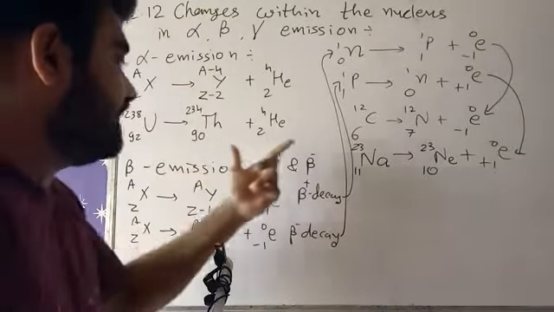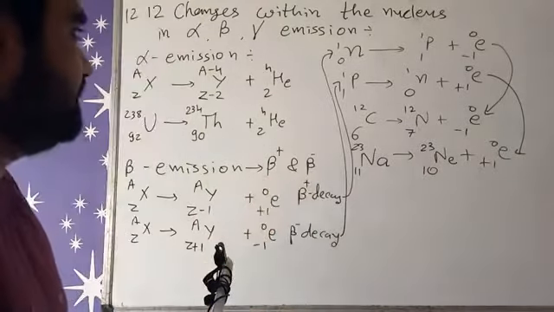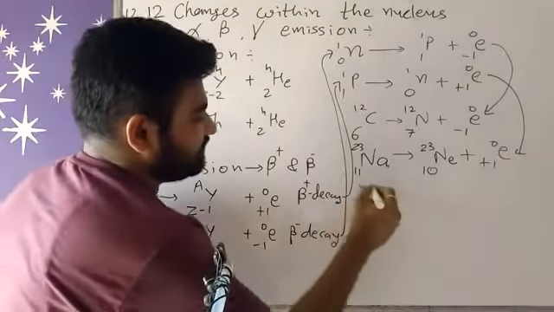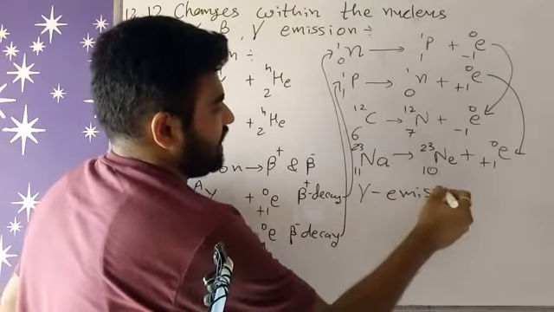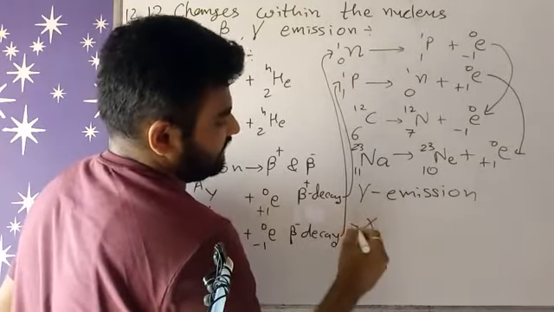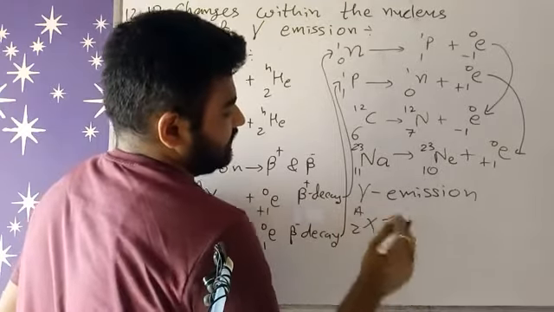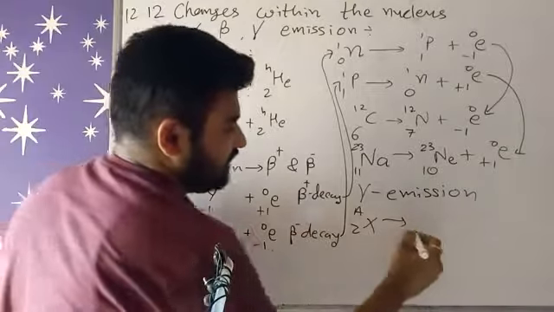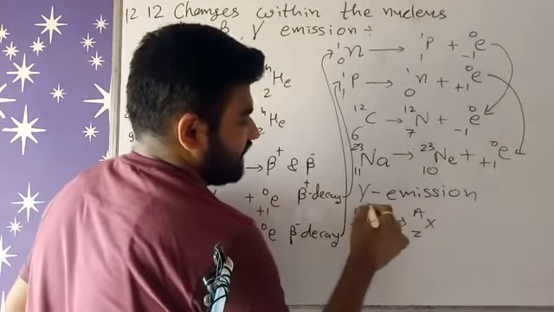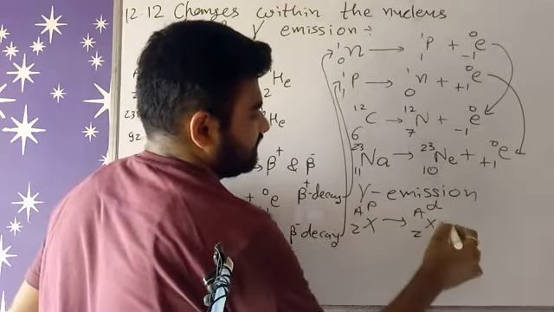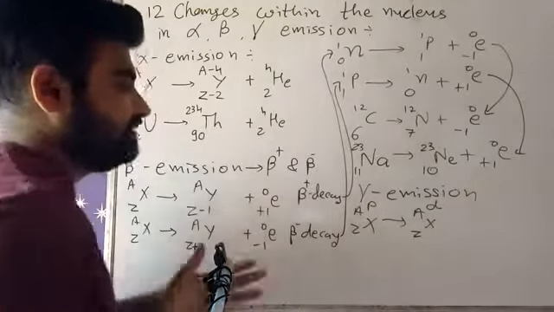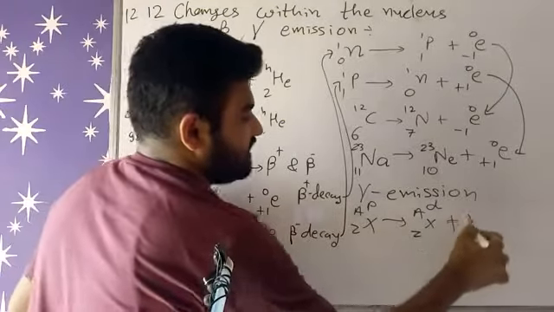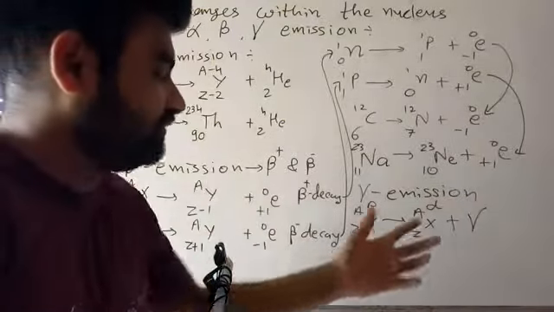In beta we have beta plus and beta minus, and the third one is gamma emission. In gamma emission, if we have Z X A, it gives the same, with no other emission, so it remains constant. This is the parent nucleus, this is the daughter nucleus, and we have some energy here. So gamma will be emitted during this process.